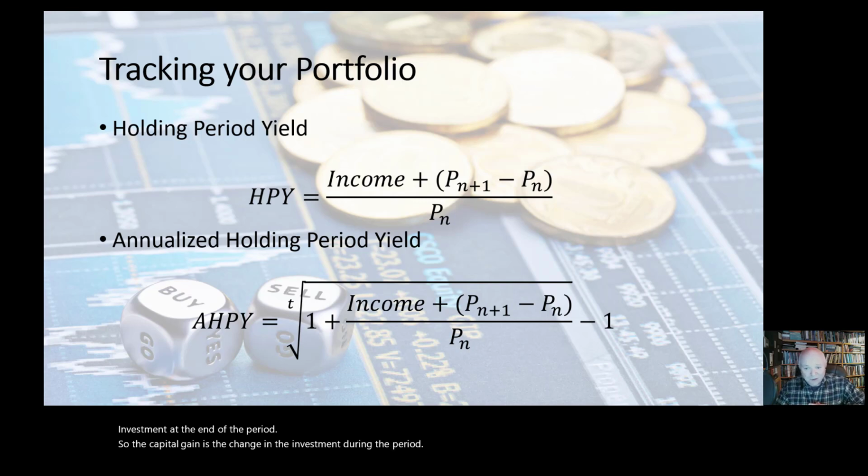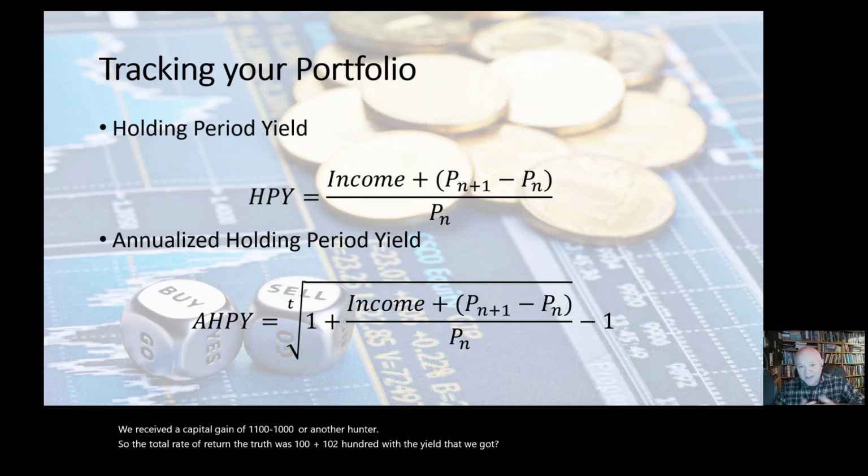So, for example, if we had $100 of income and our investment went from $1,000 up to $1,100, we received $100 in income from the dividend. We received a capital gain of $1,100 minus $1,000, or another 100. So the total rate of return that we received was 100 plus 100. 200 was the yield that we got.